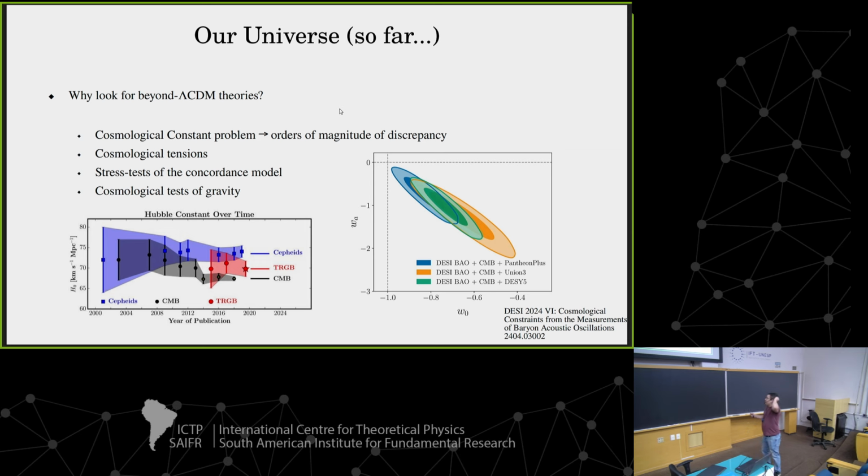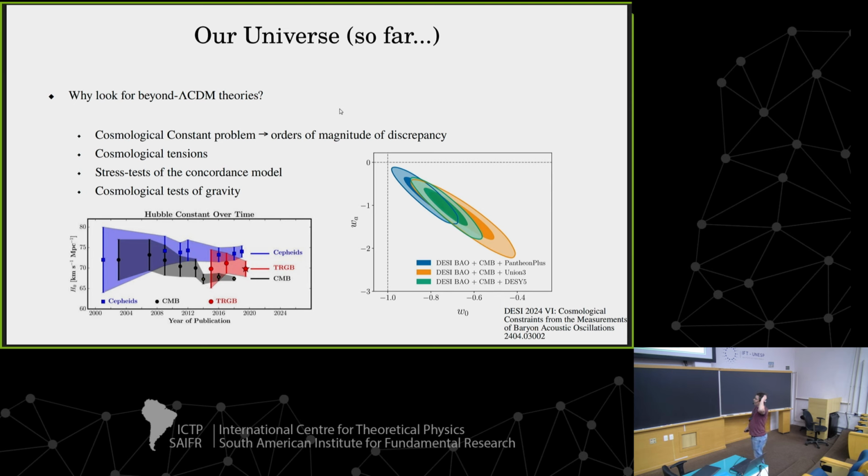I also put this plot over here for the w0wa recent constraints coming from DESI, the first data release. We can see that when we combine DESI BAO, CMB, and supernovae, we reach almost 4 sigma in discrepancy. This is a very interesting result, but it's a very new result. We are now going to higher redshifts with DESI, and we still need to take some care with this.